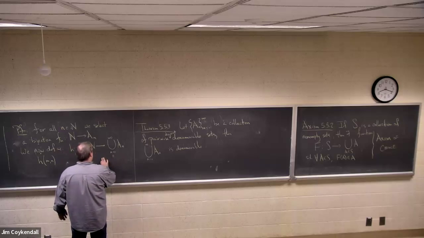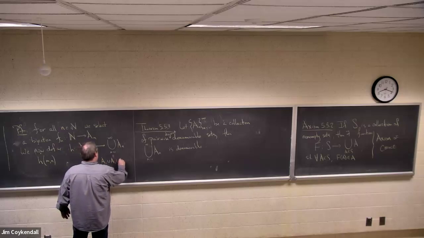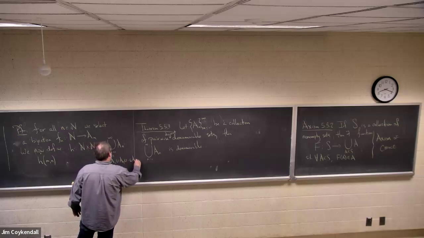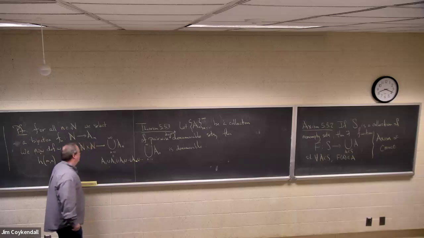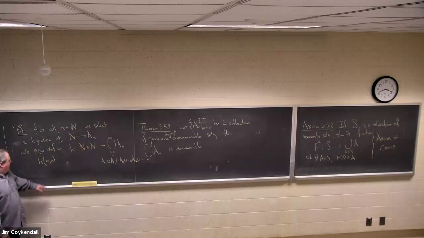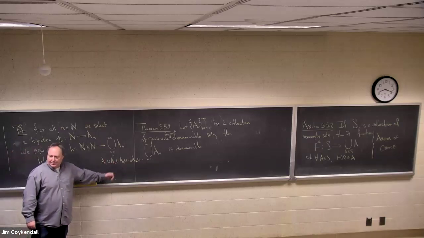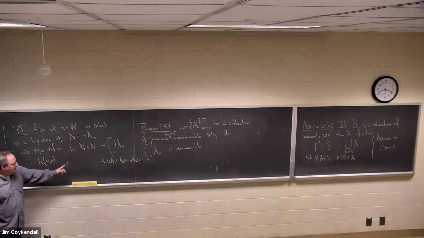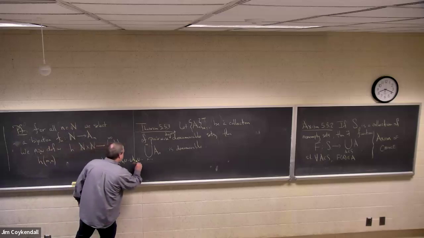Might help to think of it this way. How can I take my input being (m, n) and give me an output in this big union? Well, how about letting the first coordinate tell me which one of these A's to use?